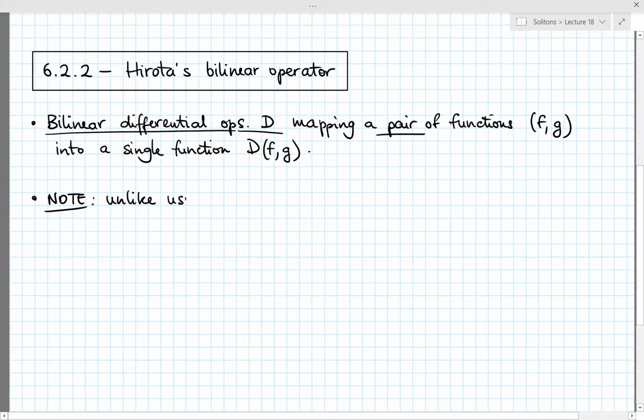the usual linear differential operators that you're familiar with.